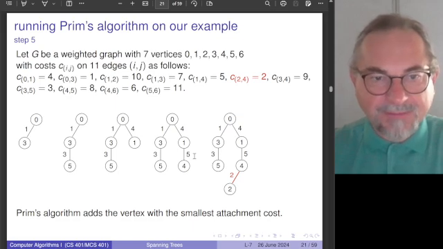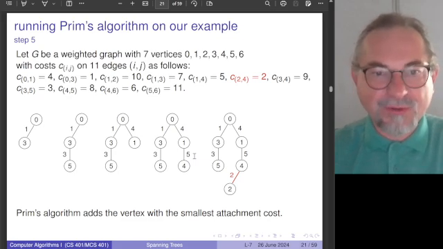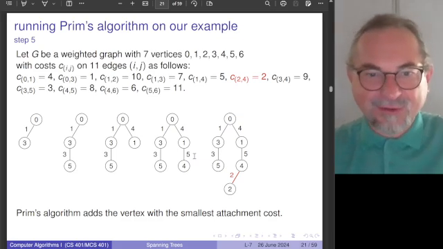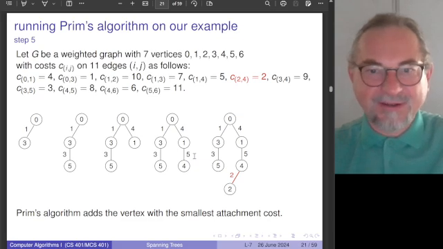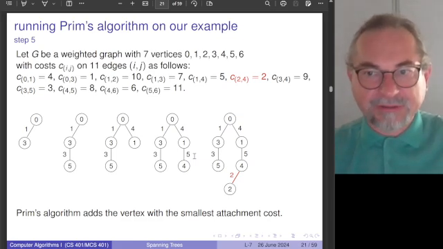2, and then again, what I just said is actually not entirely true. We don't have this increased cost, so life is not as simple. It's the smallest cost over all the vertices that are already attached and reachable by one edge.